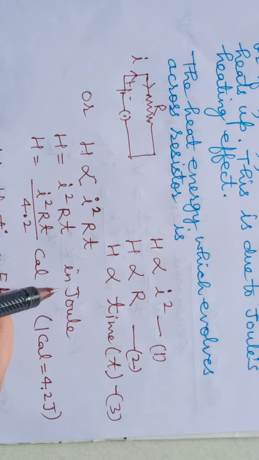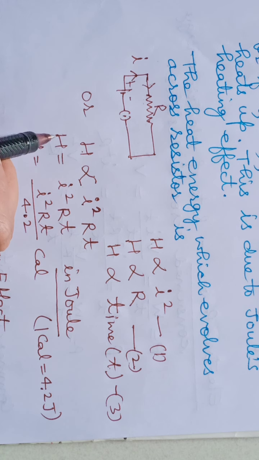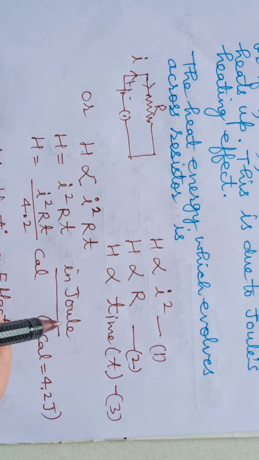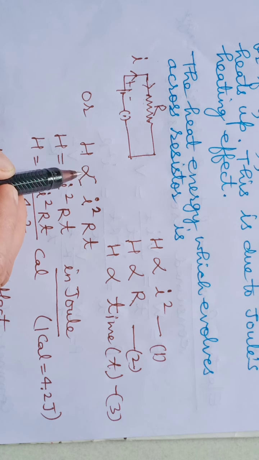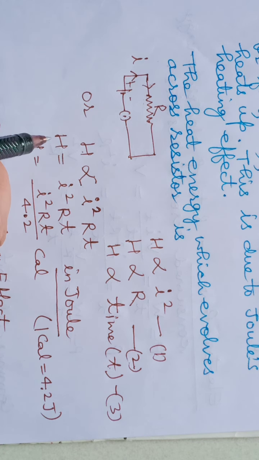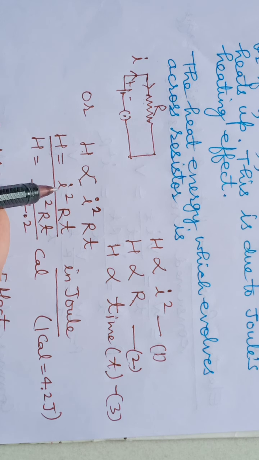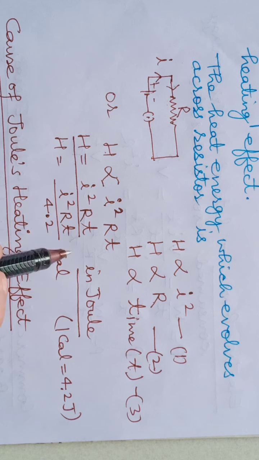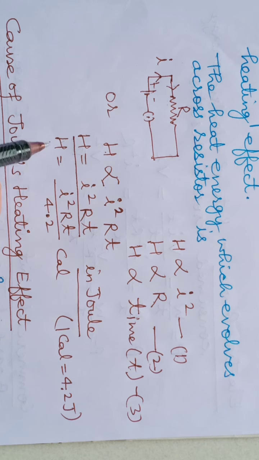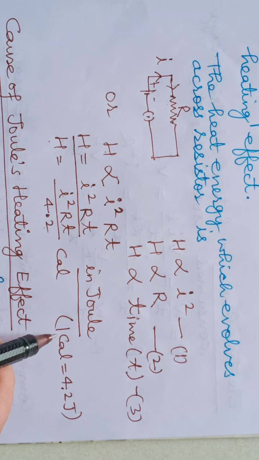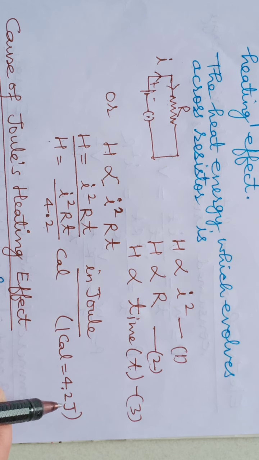If we choose the SI unit, heat energy has SI unit Joule, and then the proportionality constant becomes 1. So the result is H is equal to I square RT. And if we follow the calorie unit, then H is equal to I square RT upon 4.2 calorie, because 1 calorie is equal to 4.2 joules.